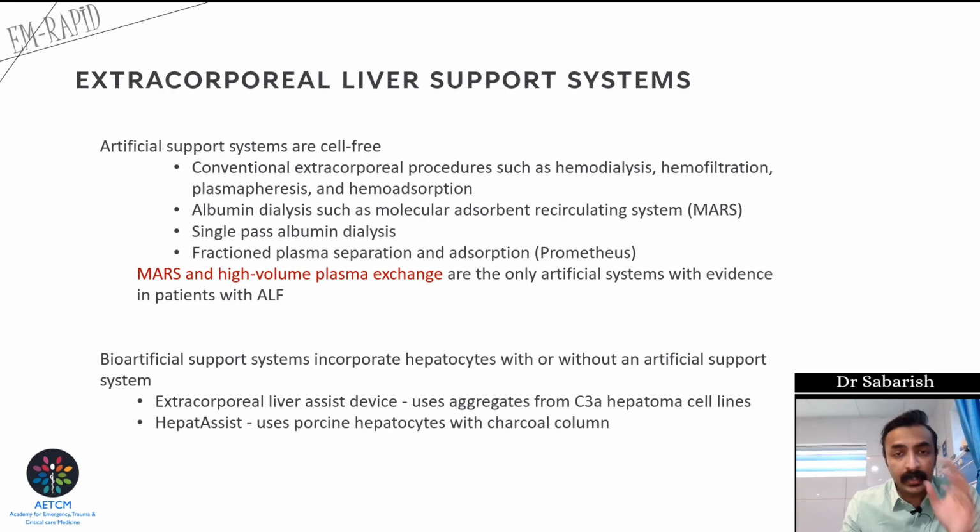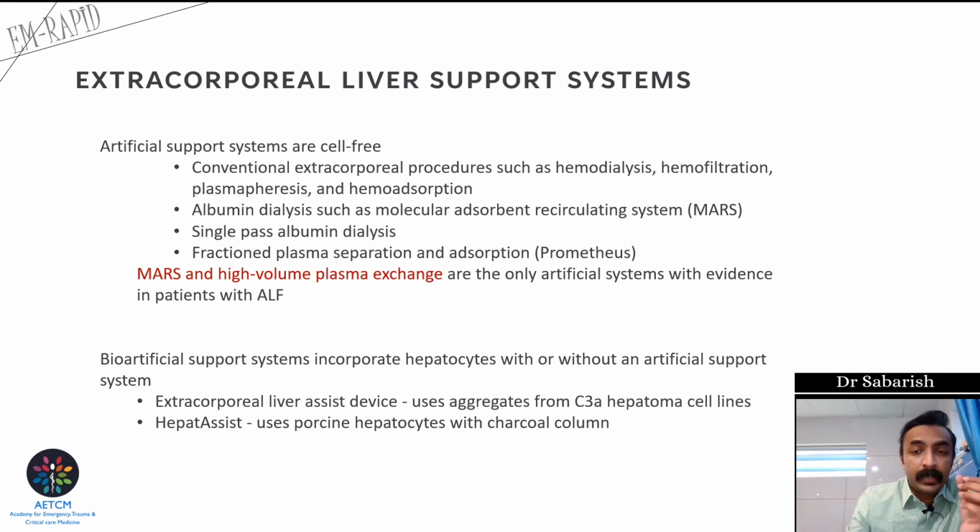And other extracorporeal liver support systems we can broadly classify into artificial support systems that are cell-free and bioartificial support systems that incorporate hepatocytes with or without artificial support system. So in the first category, you have your conventional extracorporeal procedures like your hemodialysis, hemofiltration, plasmapheresis, or hemoadsorption. There is albumin dialysis, such as the molecular adsorbent recirculating system, which is abbreviated as MARS. There is a single pass albumin dialysis.